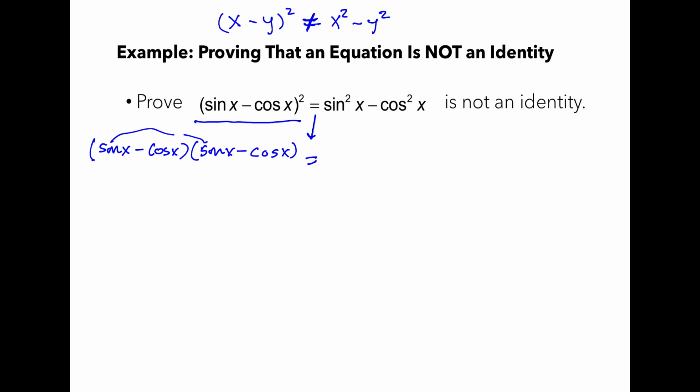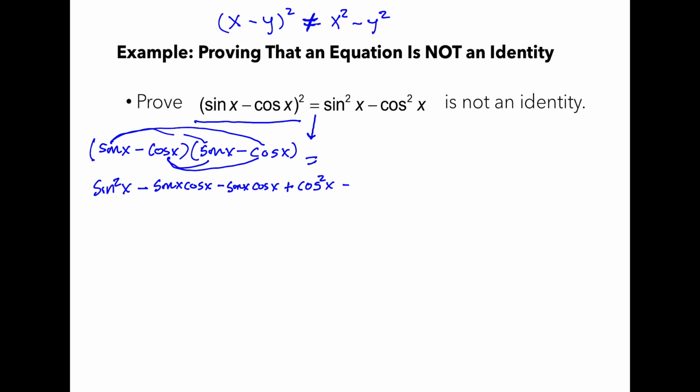And so doing that, we'd have sine x times sine x, which is sine squared x. We have sine x times negative cosine x, so minus sine x cosine x. And then we have negative cosine times positive sine, so another negative sine x cosine x. And then we have a negative cosine times a negative cosine, which gives us positive cosine squared x.